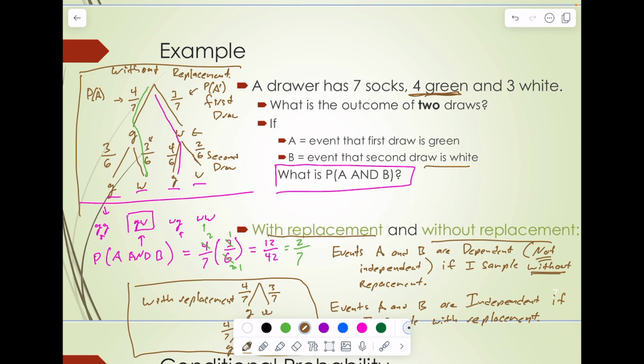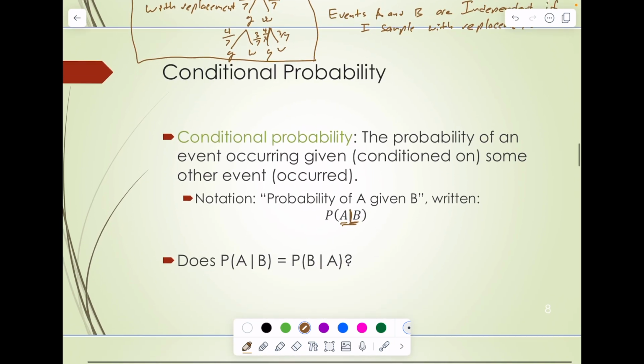And this right here is the probability of B happening given that A has already occurred. This one here is the probability of B happening given A prime has occurred. So that's 2/6.